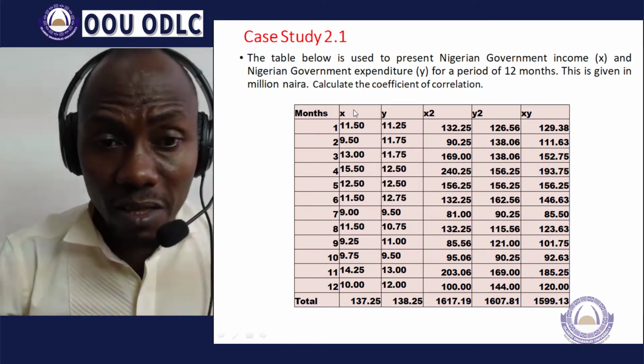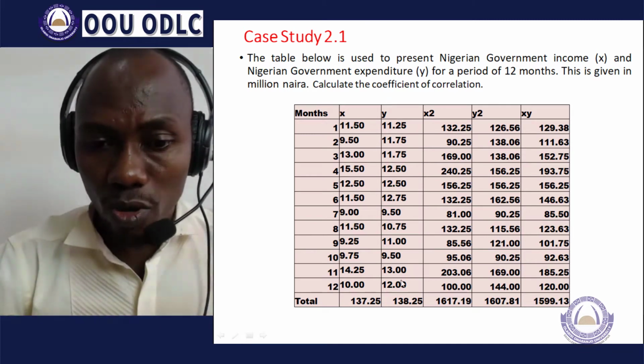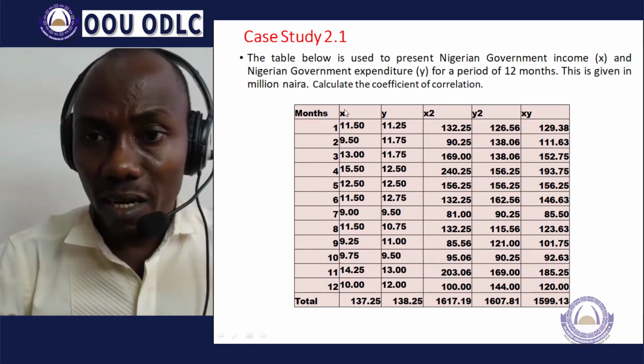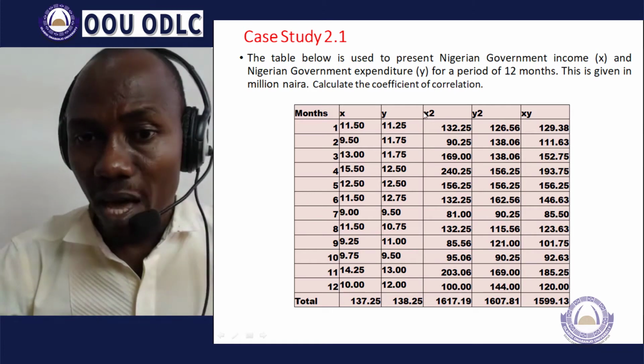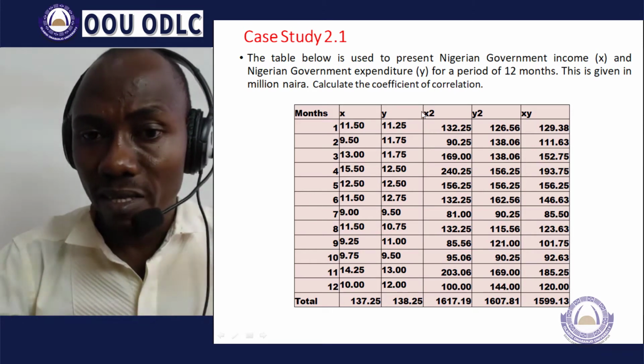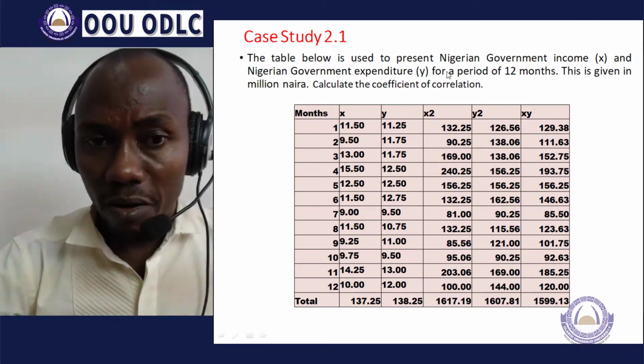We have been given the value of X for the 12 months, and the value of Y for the 12 months. Remember that X represents the Nigerian government income and Y represents Nigerian government expenditure. We are expected to obtain the X square. This is the square of X, which is the fourth column.